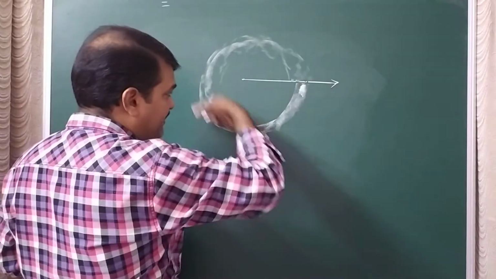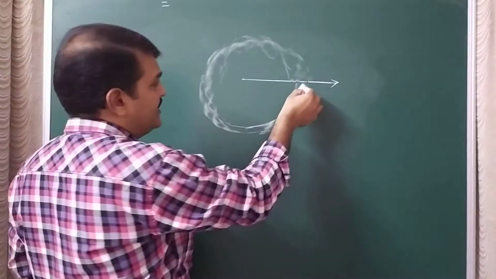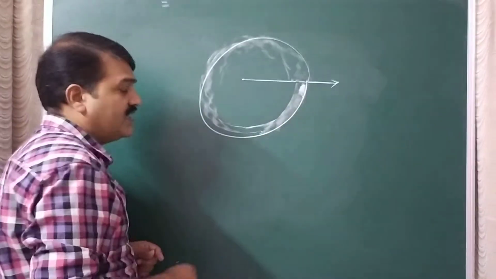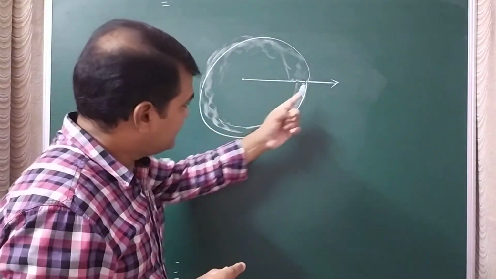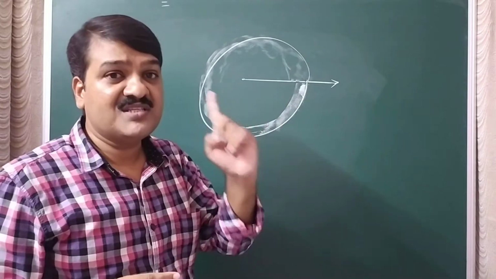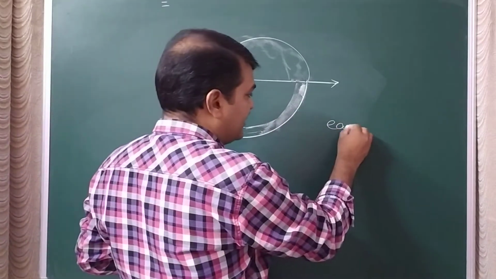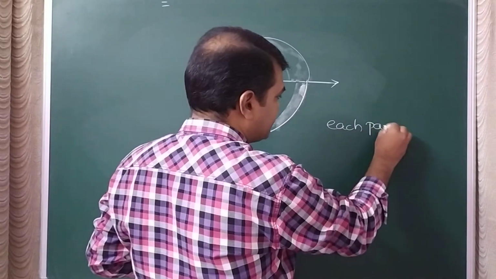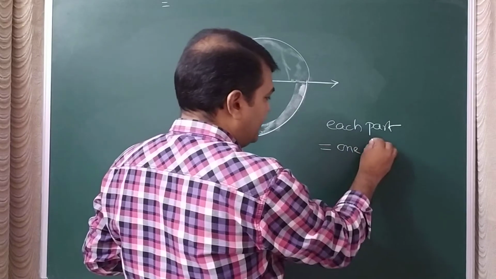For one complete rotation, you get a full circle, no? This full circle of rotation is divided into 360 equal parts, and each part is called 1 degree.